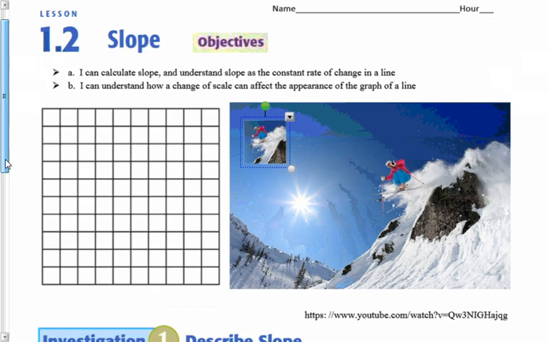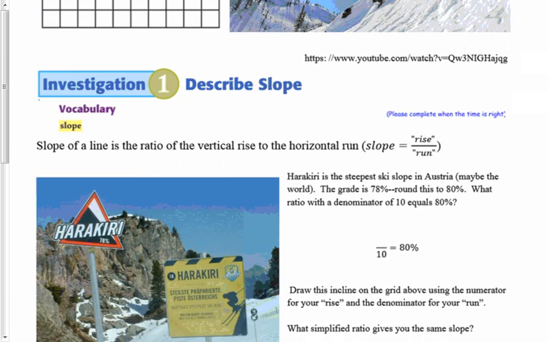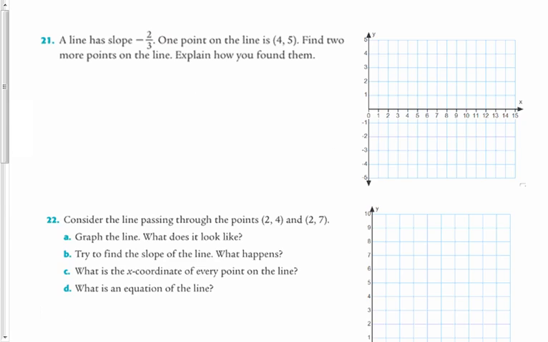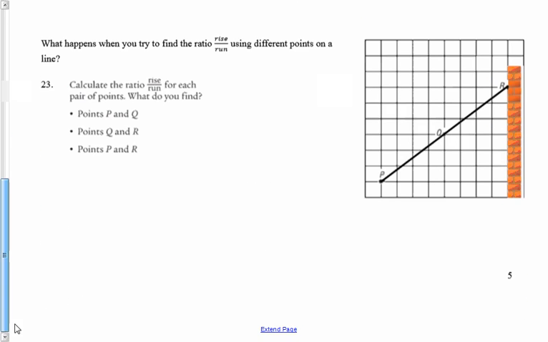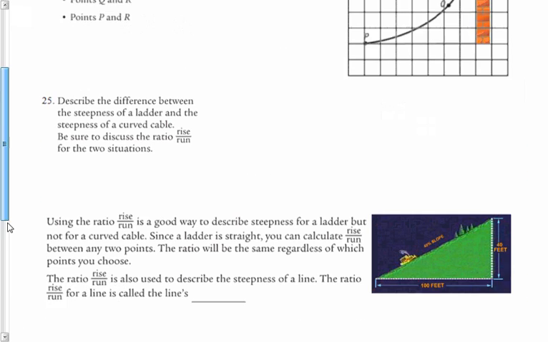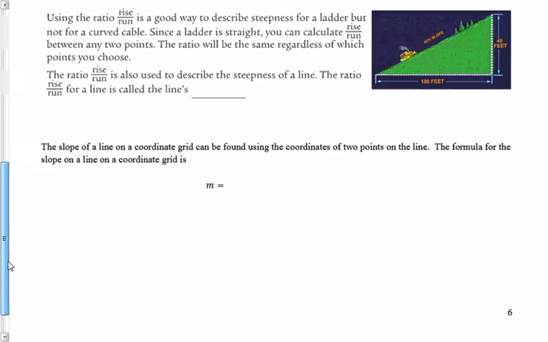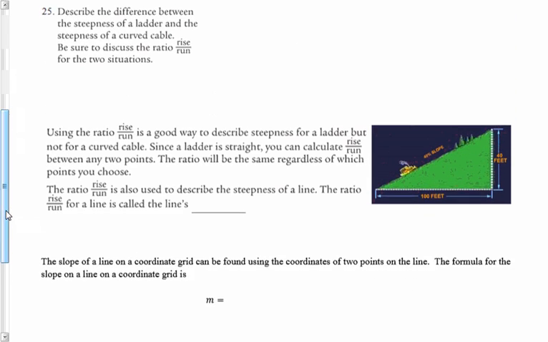What I'd like you to do is skip ahead to page 6. And here's a good little picture just to give us an idea about what slope is to begin with.